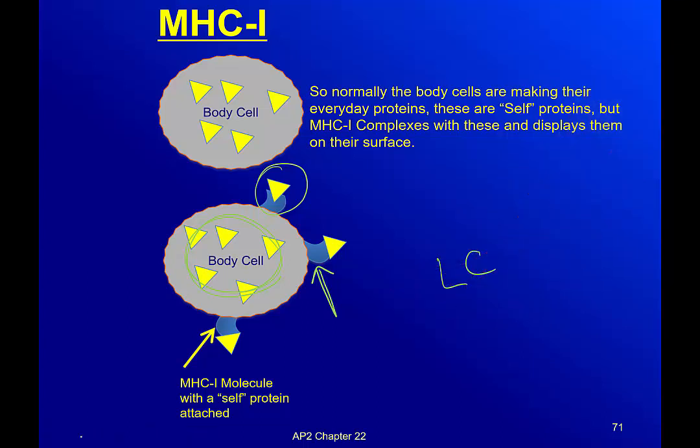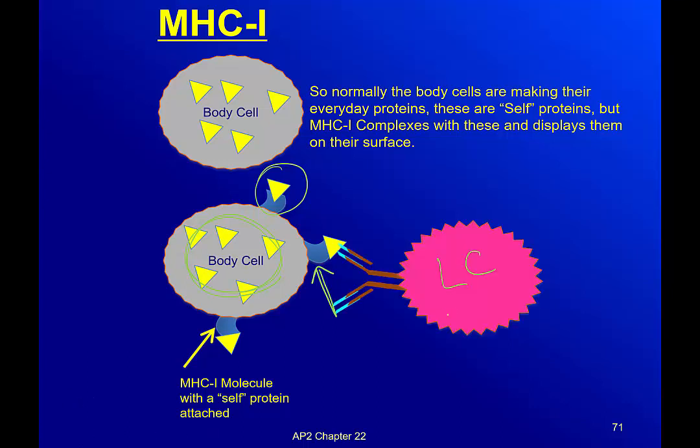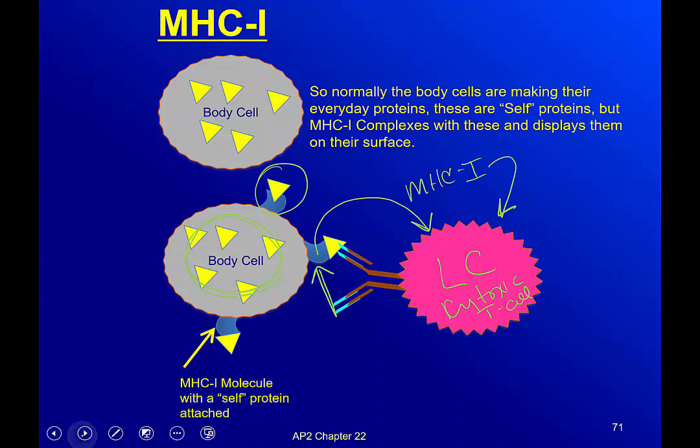No big deal. Now, mind you, this lymphocyte is a cytotoxic T cell. Why do I know that? Because remember, MHC1 is designed for the cytotoxic T cell. And as long as the cytotoxic T cell doesn't go, hey, I recognize that as a foreign protein, the cell's fine. It leaves it alone.